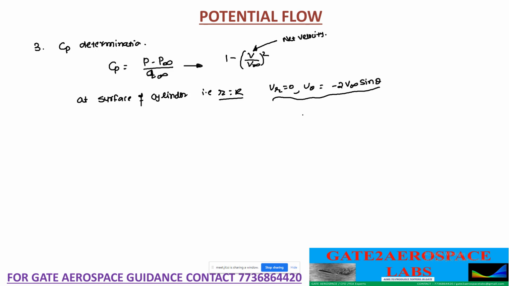So if you see, our net velocity V will be equal to what? Root under of Vr square plus V theta square. We will insert this value here.